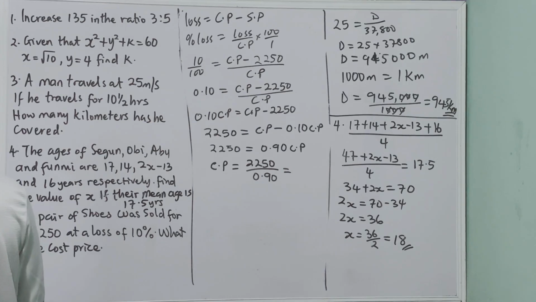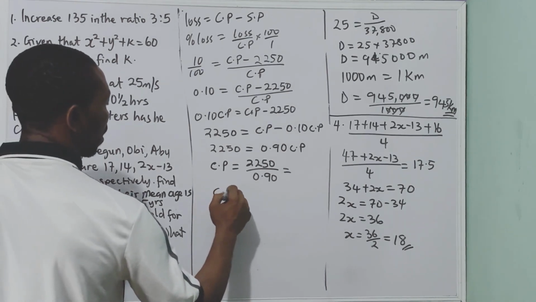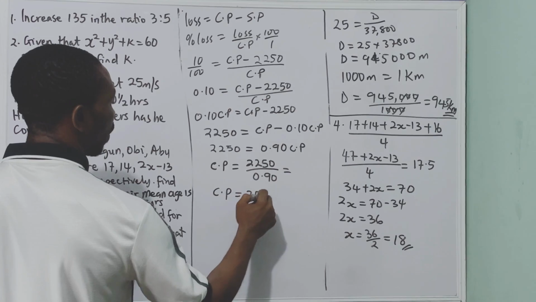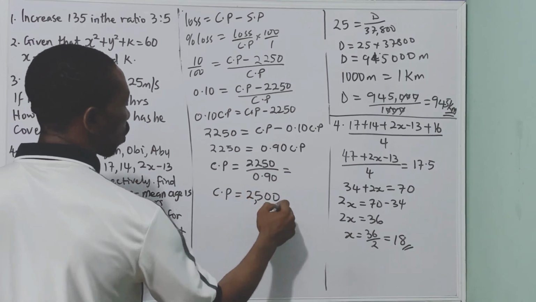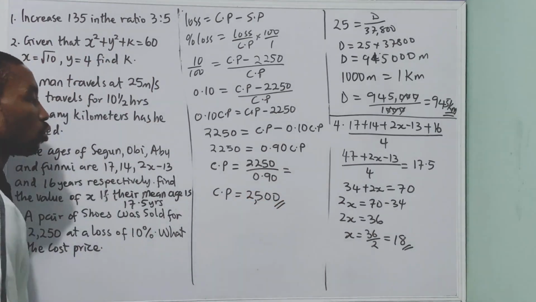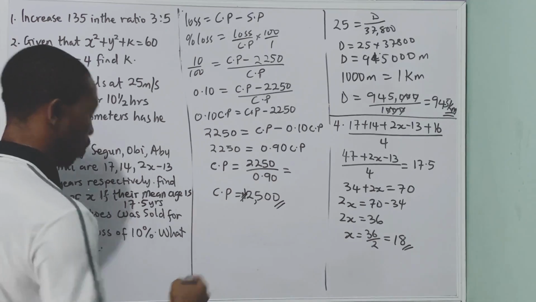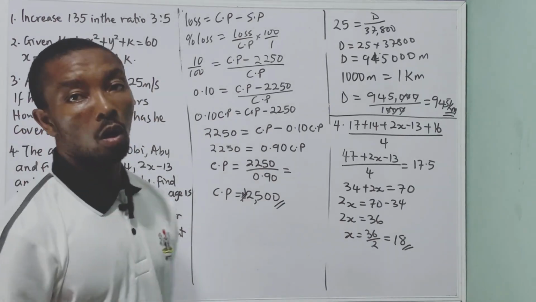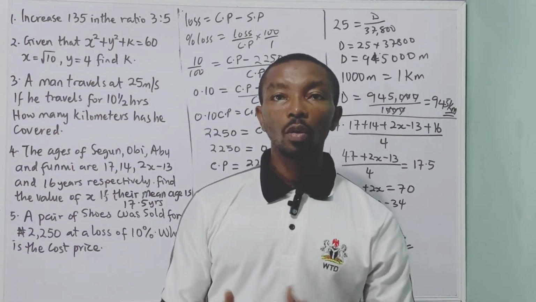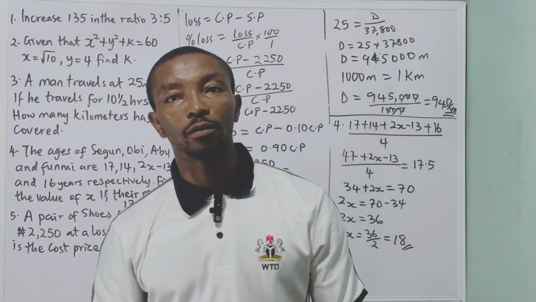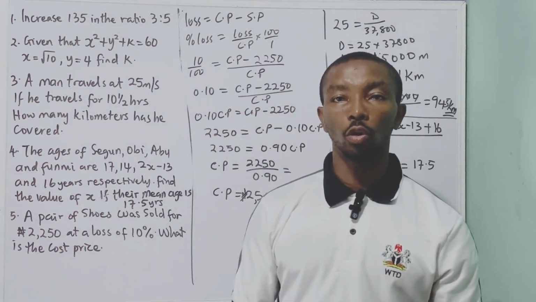So our 2250 divided by 0.9 gives us 2,500. So the cost price of the shoe is 2,500.